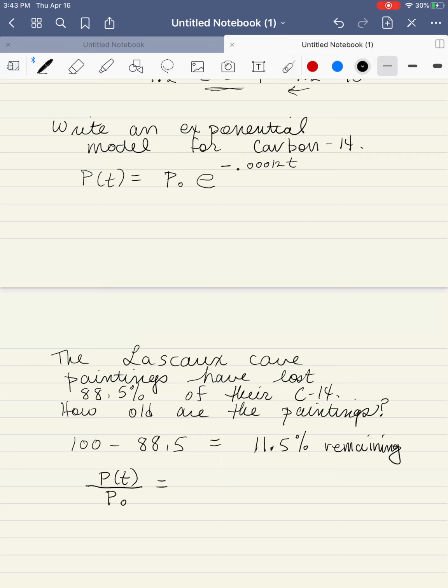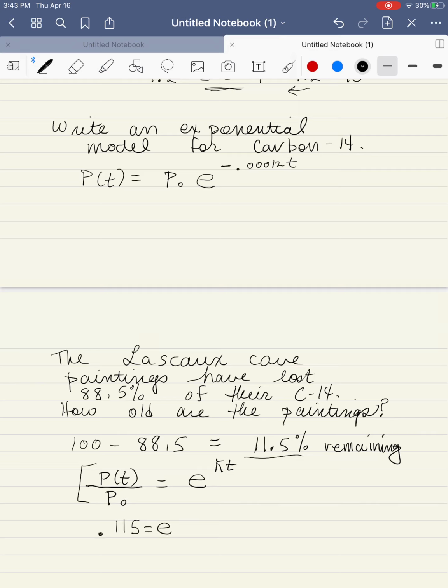And remember that that comparison, that ratio of how much they have now, P of T, to how much they started with, in this case, is the 11.5%.